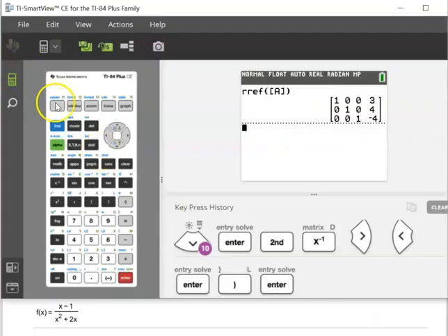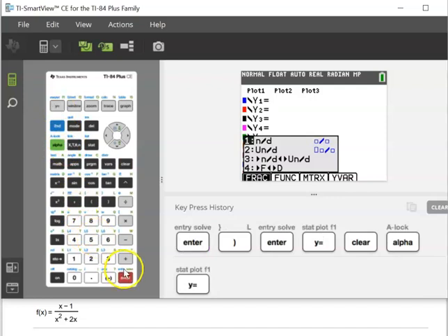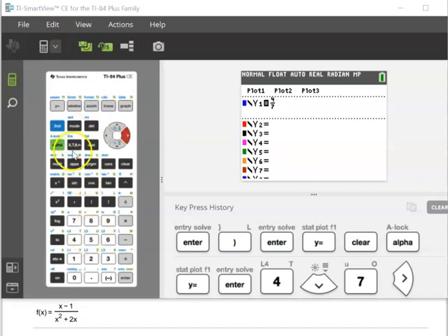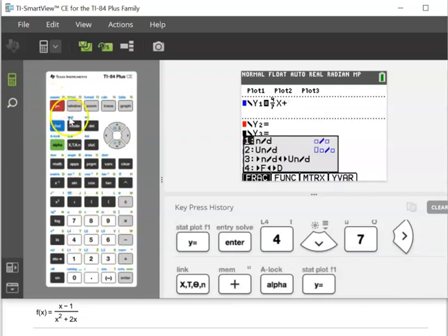So if we go to y equals, and we type in 4/7 x plus 5/7.